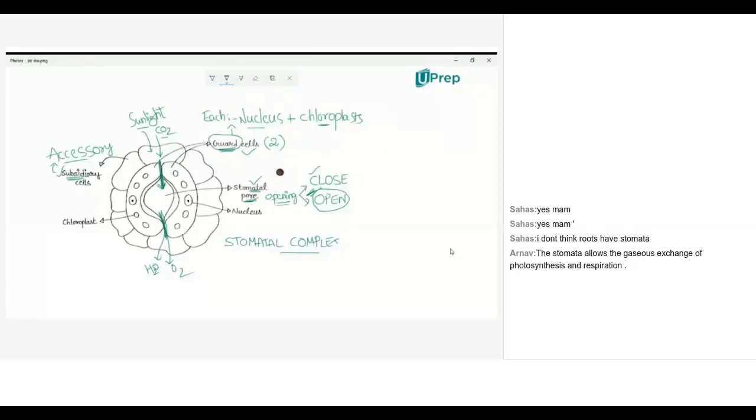How is this closing and opening of pores done by guard cells? That's the point of interest over here. Okay. So why is the closing and opening happening? In order to perform various functions. How the opening and closing of the stoma will be affected by the guard cell, that we'll see.